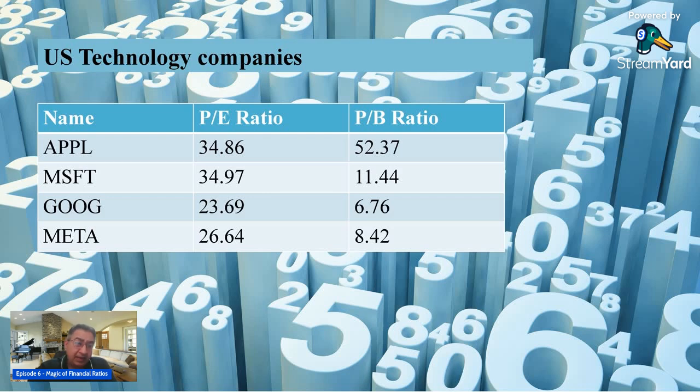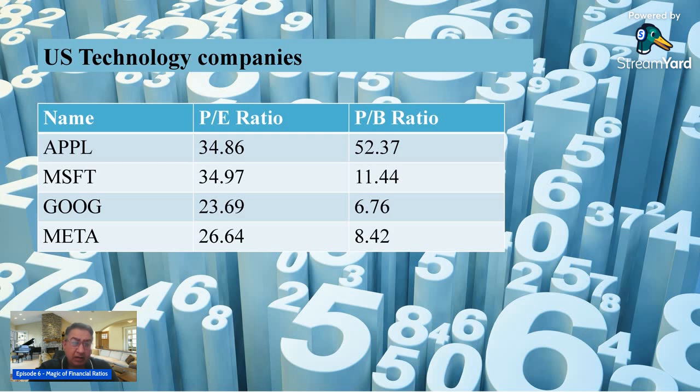Typically, as a value investor, I would want to invest in companies that have a PB ratio which is less than 3 and a good dividend yield, a reasonable payout ratio, good financial health, and a PE ratio that is between 10 and 15.